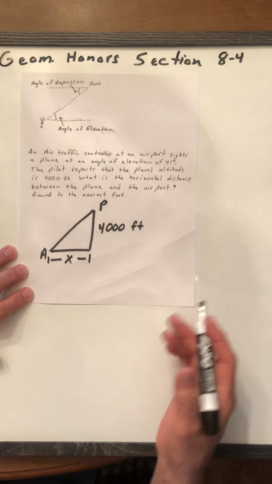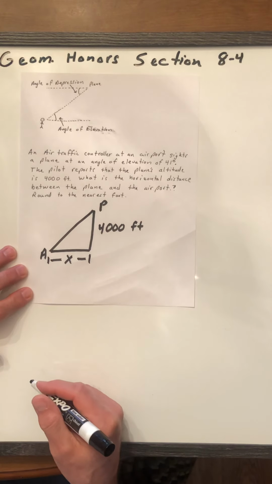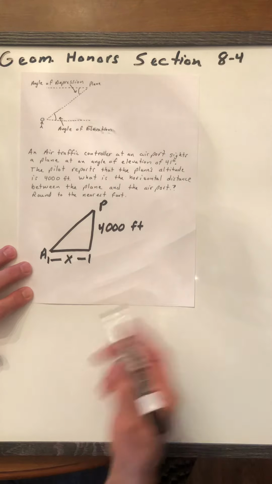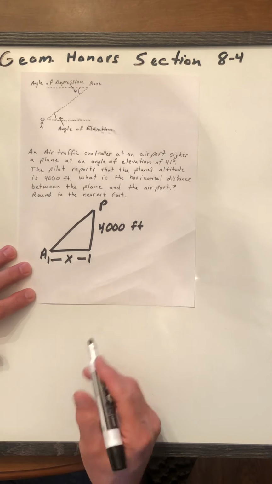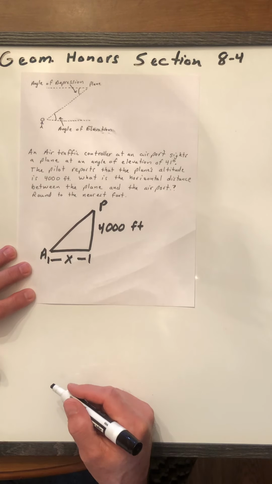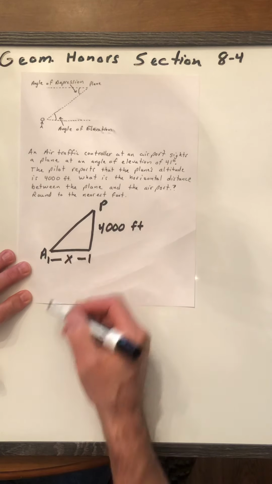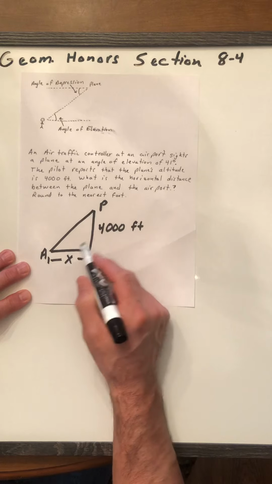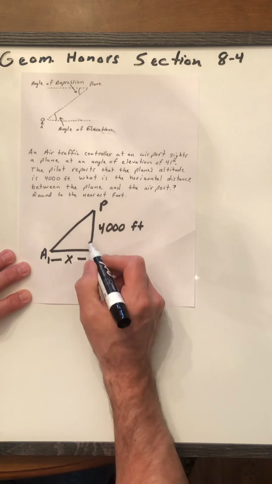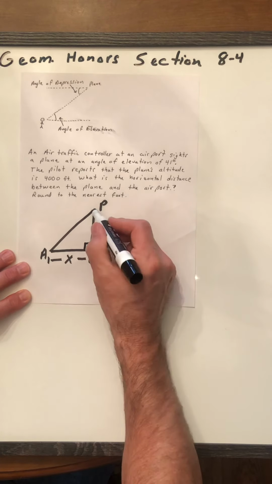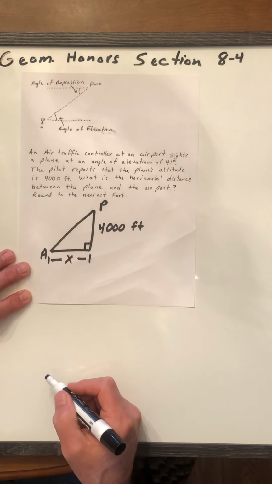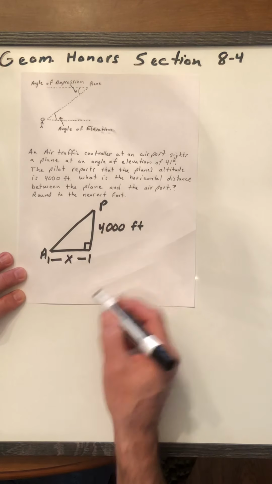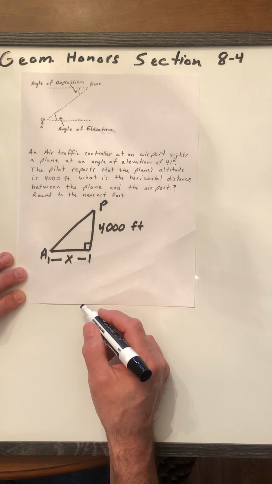Now, again, we go back to last section 8.3. We're going to be dealing with sine, cosine, and tangent, and we have to set up a problem using our ratios to find this missing side. This would be a right angle, straight down, and so we do have a right triangle. Now we've got to figure out whether to use sine, cosine, or tangent.